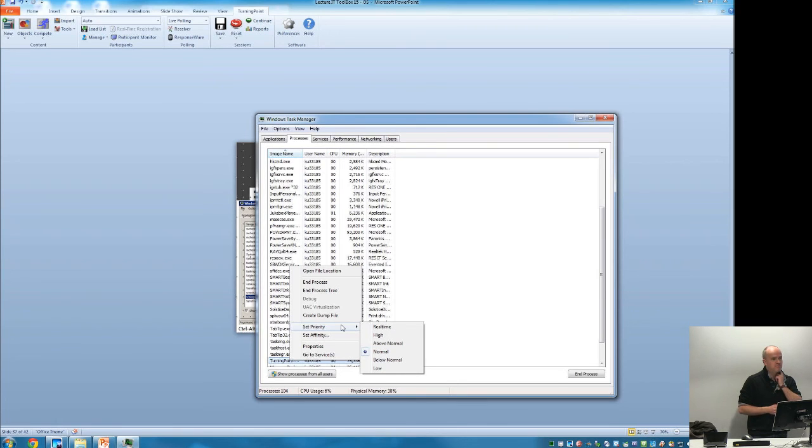Okay. In the worst case scenario, your computer will crash. I mean, if you play with the priority of the operating system and you put it at a low priority, you are going to get a catastrophe. Okay.